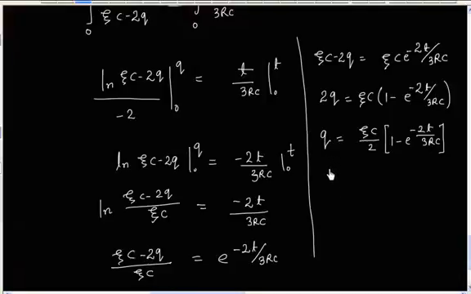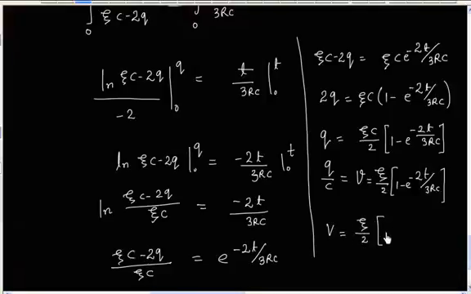So potential difference across the capacitor will be q by C, that is V, the potential difference across the capacitor, that is Xi by 2 times 1 minus e to the power minus 2t by 3RC. So one can find this result by writing equations and solving the integration.